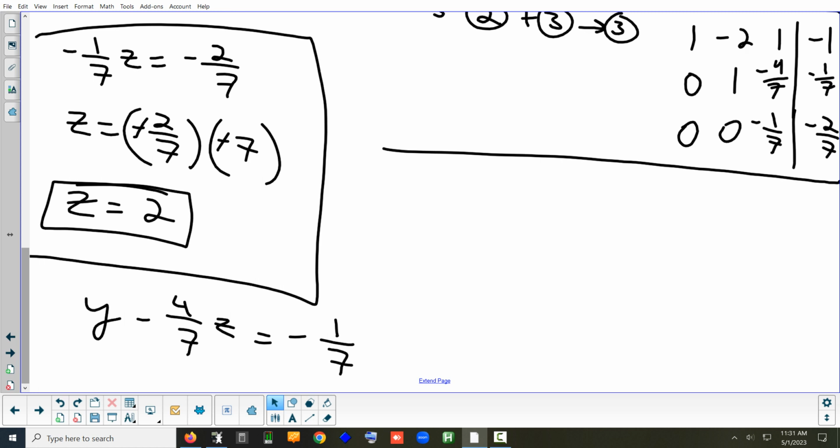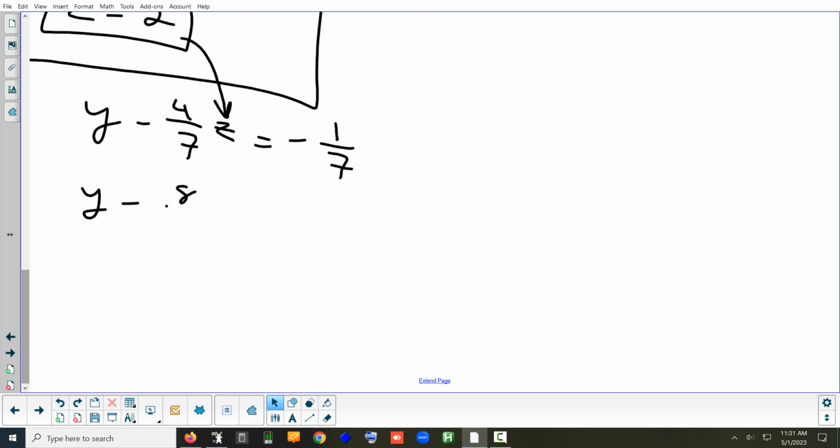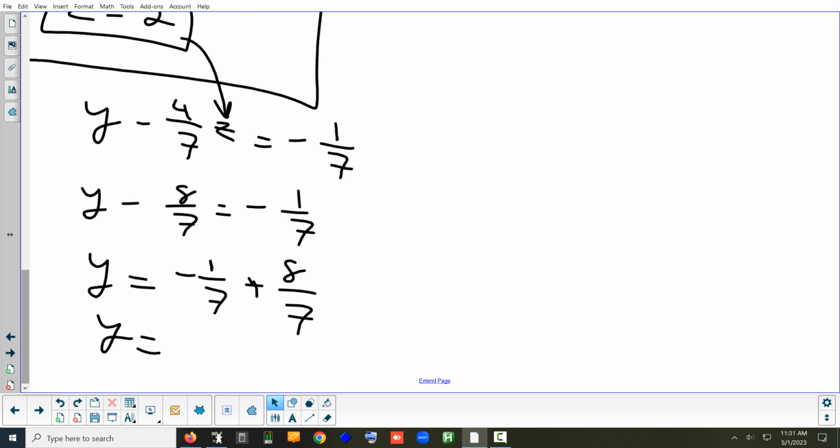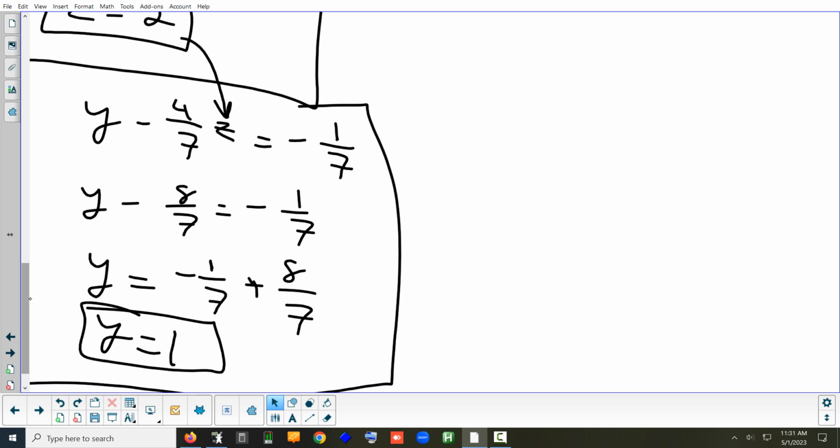Okay, so there's what the second row tells me. Now, what do I already know? I already know z. What's z? 2. So fill in 2 for z. So y minus 8/7 equals negative 1/7. And we're going to add 8/7 to both sides. And what are we going to get for y? 1. Yep. So there's how you get y.